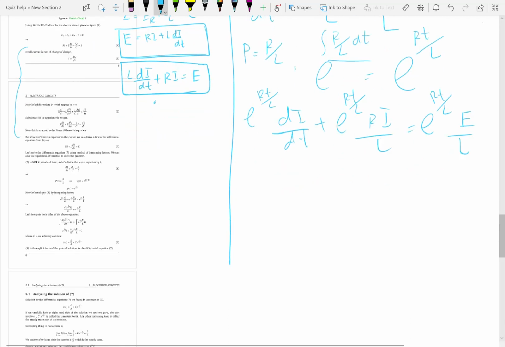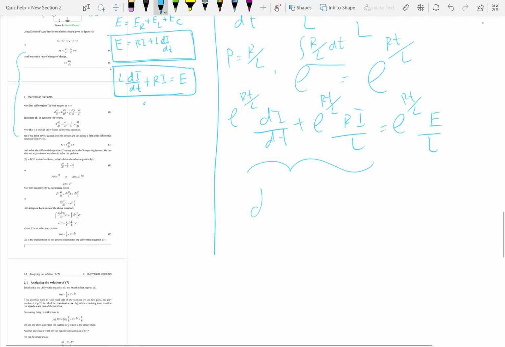Now we can rewrite this left hand side by shrinking it to the derivative with respect to t of the integrating factor times the dependent variable I. The right hand side stays the same. And after this we integrate both sides with respect to t.